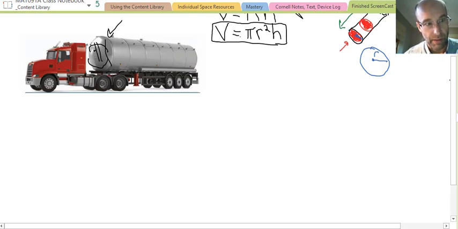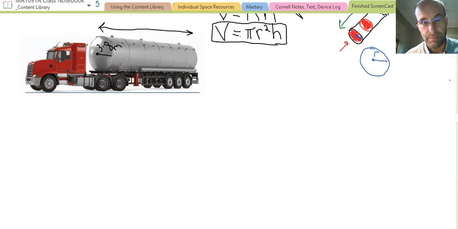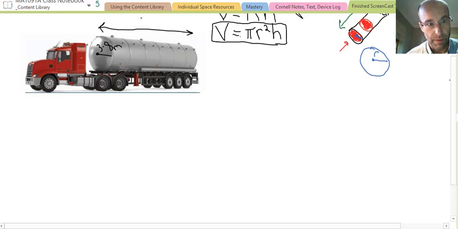So we're going to pretend that that actually is a pure cylinder, even though this one seems to be not. Let's say we know that the radius of this cylindrical tank is 3.8 meters. Let's also say that we know the length of the cylinder on the trailer, and that's 19 meters, if that's given.